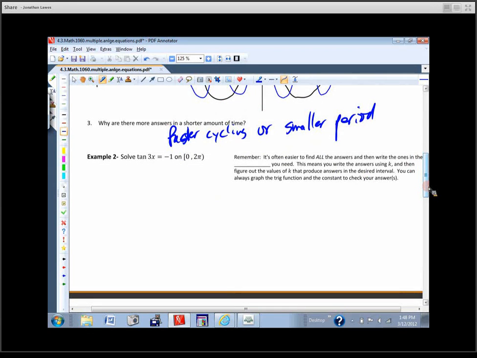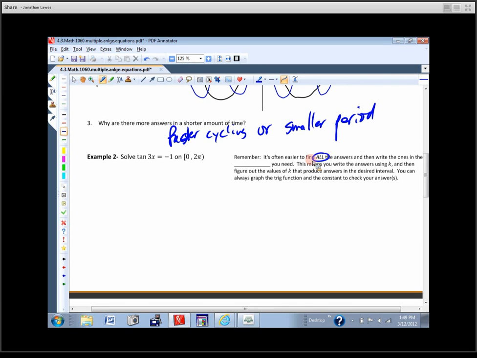I do want to point out that even if you get the general technique, this is a good thing to keep in mind. Regardless of what the instructions are, it's usually a good idea to find all the answers. In other words, write out the answer sets, especially when we get to these multiple angle equations, because some of these you're going to have 12 answers to. You don't want to run through and risk that if I think my way through this, I can figure out what all of the answers are.